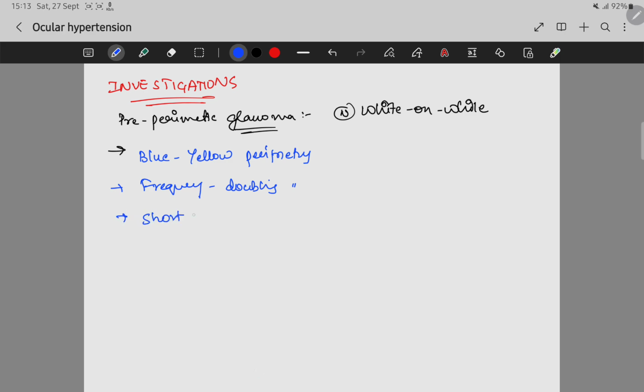We can also use short wavelength automated perimetry.